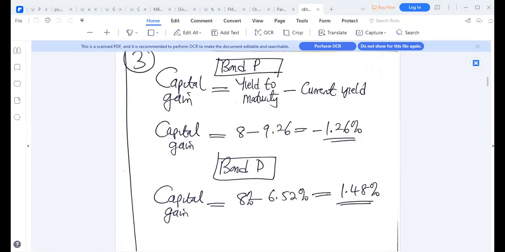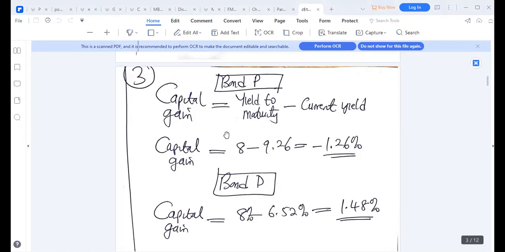Bond P and bond D. Which one experienced capital gains? Bond P or bond D, and why? Okay. So due to time, we'll end here and we'll continue later on.